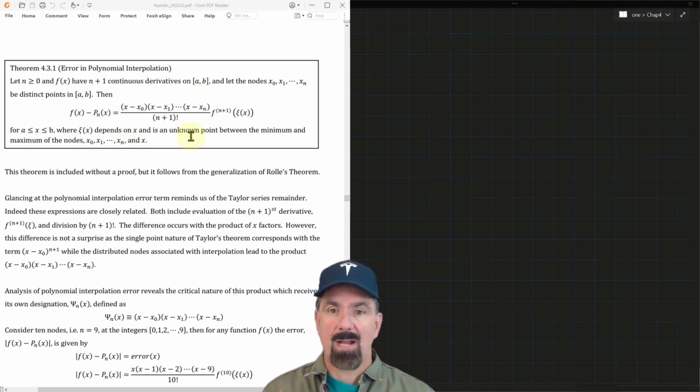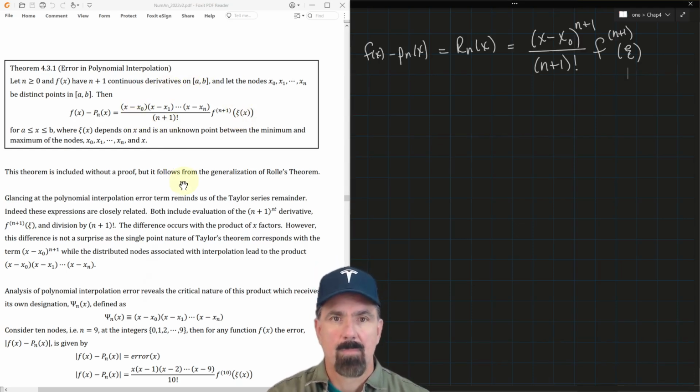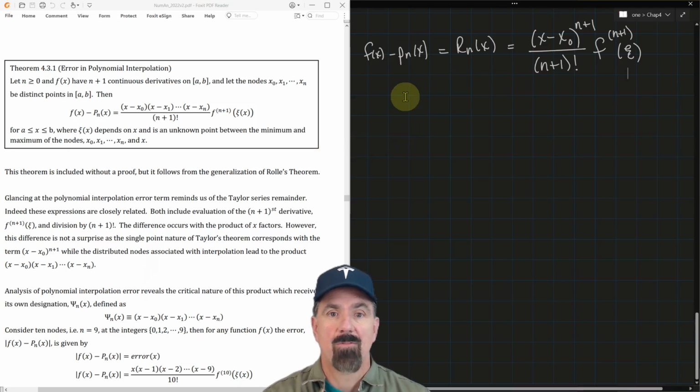And what I want to point out to you, and that's part of the conversation that's following in this paragraph, but it's a really important idea, is the similarity between what this looks like and the Taylor's theorem remainder term. Let's take a look. So here's the remainder term for Taylor polynomials.